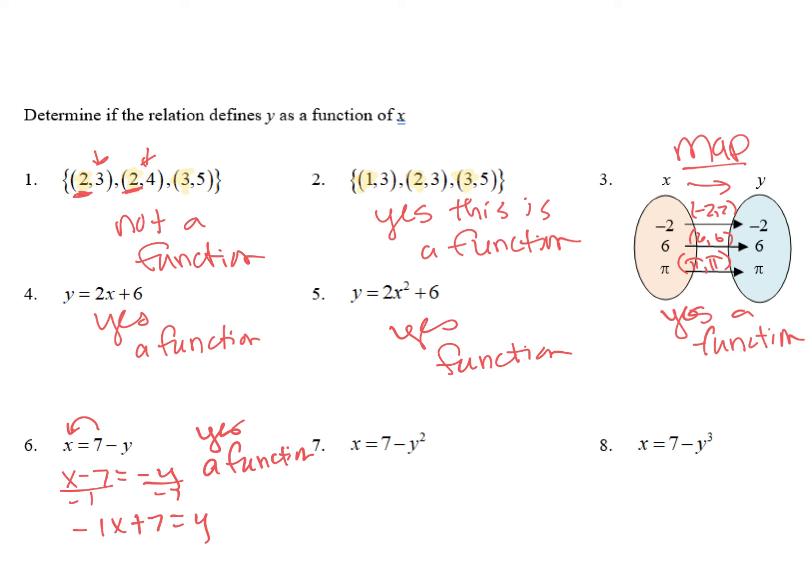Now, number 7 is a little trickier, and I will tell you up front, this one is not a function. And the reason it's not a function is because if I put in, let's say, 1 for x, when I solve, I'm going to subtract 7. That gives me negative 6.